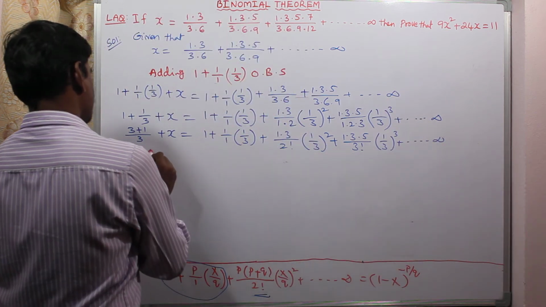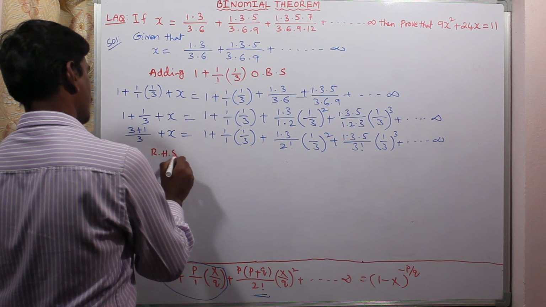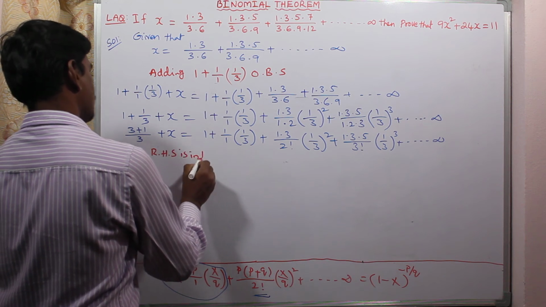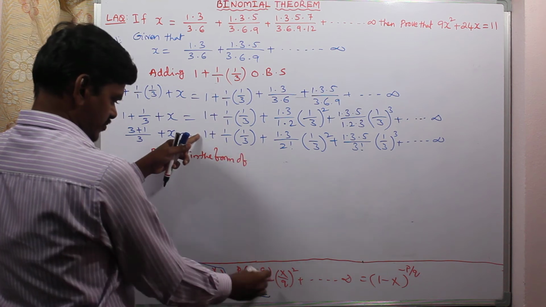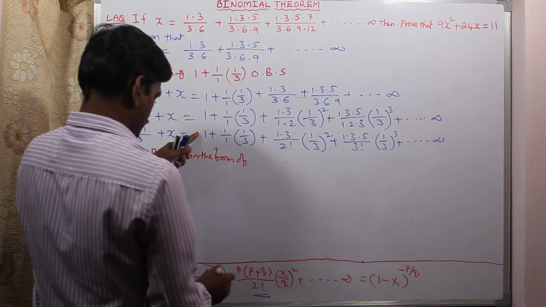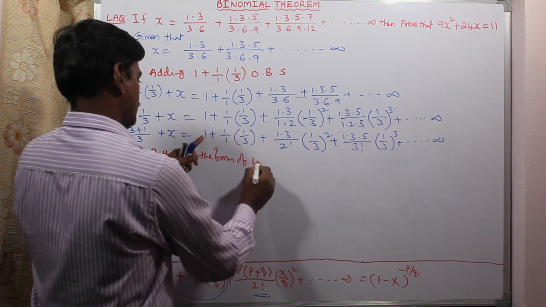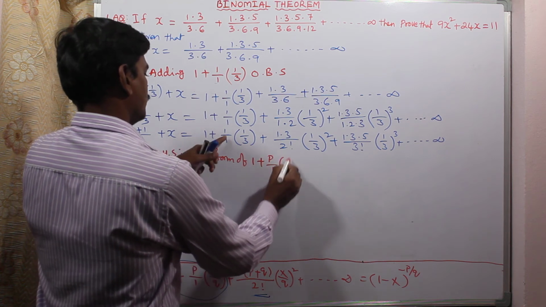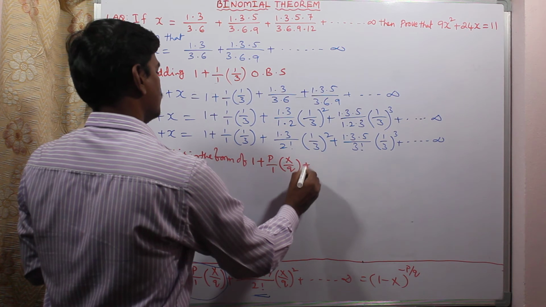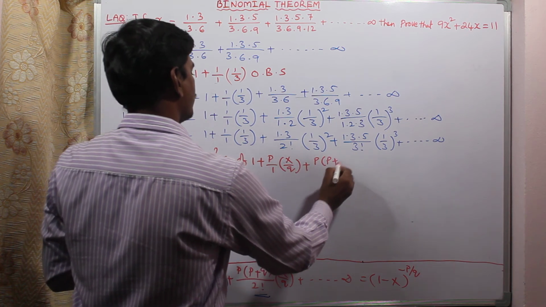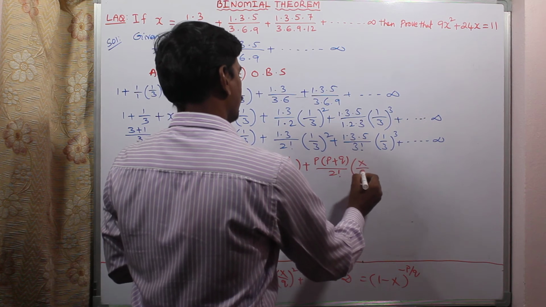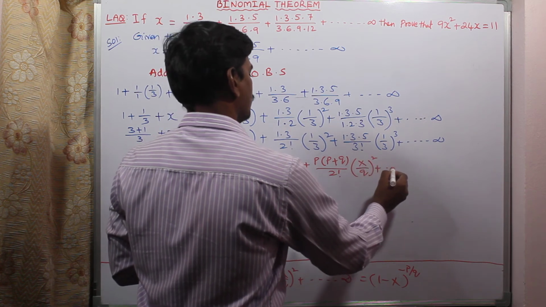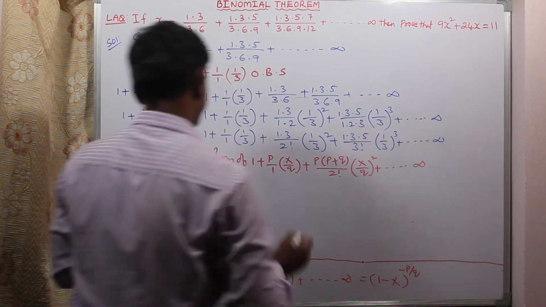Now RHS is exactly in the form of the formula we planned: 1 plus p by 1 into X by q plus p into p plus q by 2 factorial into X by q whole square plus so on up to infinite.